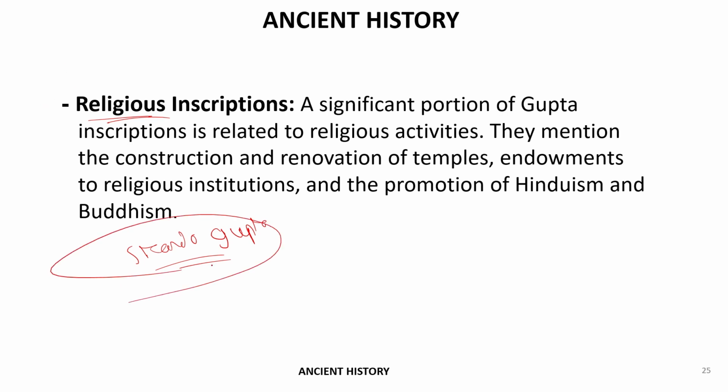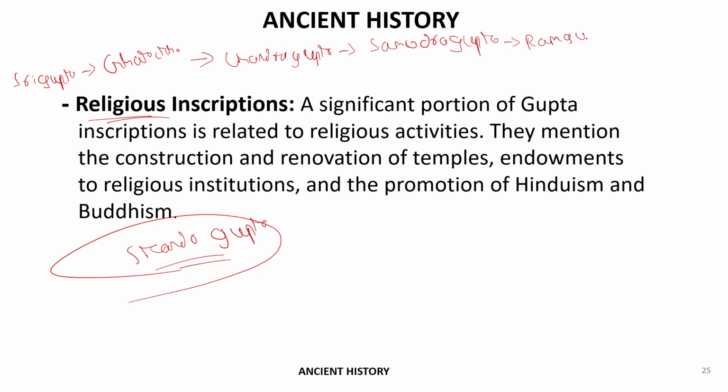So first start with Shri Gupta, thereafter Ghatotkach. Okay, Ghatotkach, just match the spelling. Okay, thereafter Chandragupta, thereafter Samudragupta, thereafter Ramgupta, thereafter Vikramaditya II, who is also known as Chandragupta II.